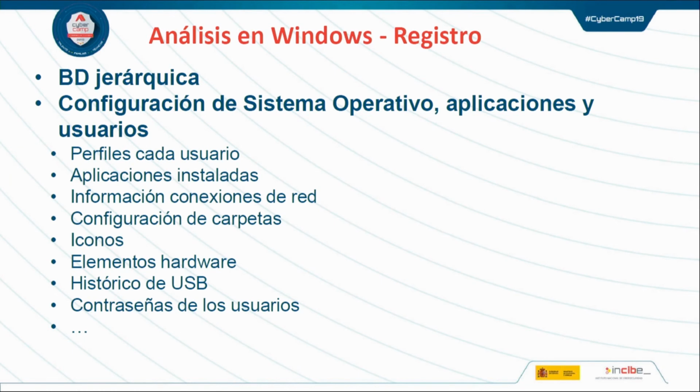What else can we analyze? An essential element is the registry. This is where the system saves everything, the network configuration, the users, the icons that are used in the applications. There are details of the USBs. It's very essential information in forensic analysis.